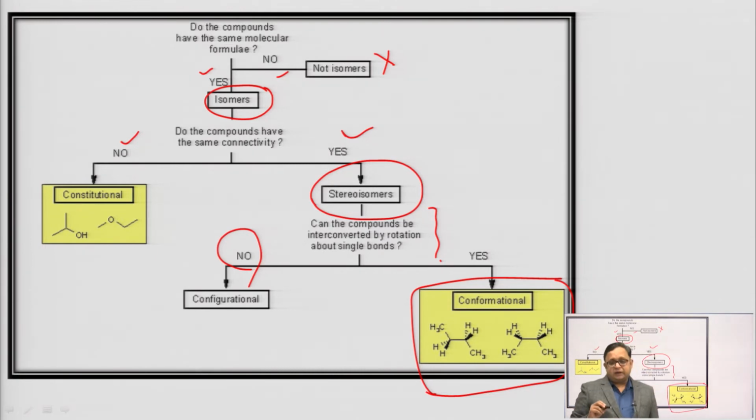So, the necessary condition for a compound to exhibit conformational isomerism is interconversion by rotation about the single bond. If it is possible, then we can say that the compound can possess conformational isomers.